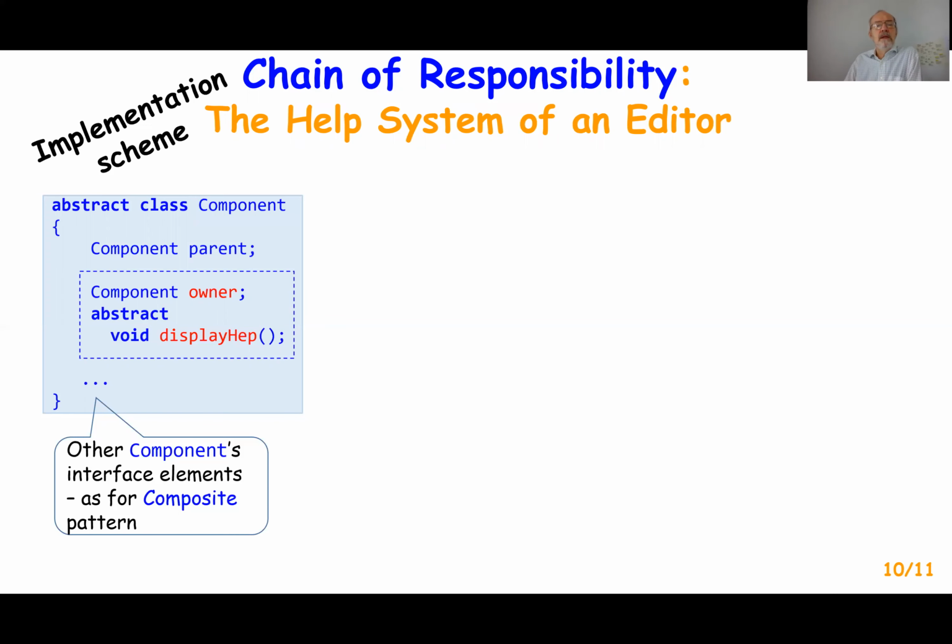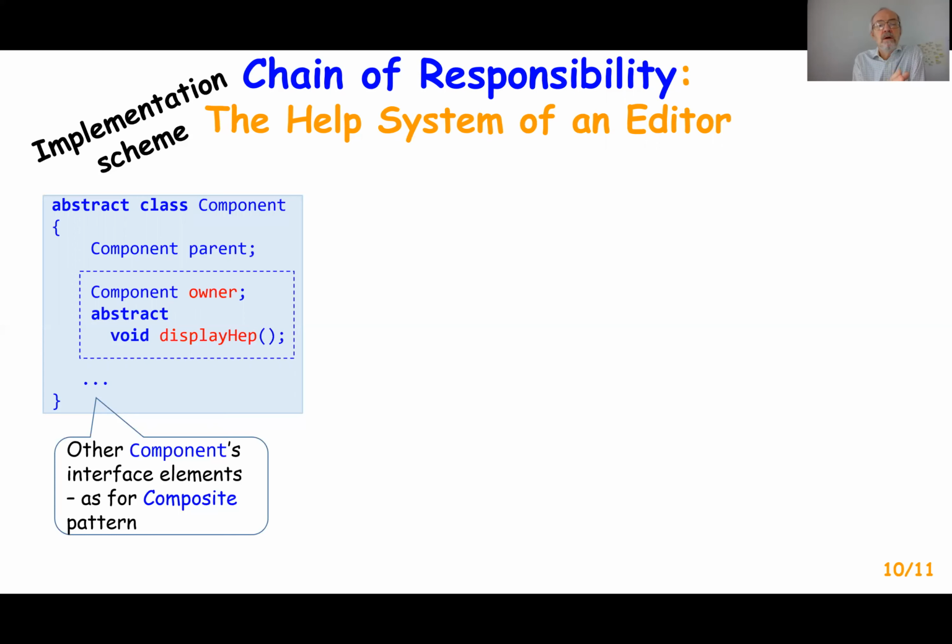Okay, anyway, look at what is written here. We have some common interface in this component class. This interface is the same as for the composite pattern. I don't care about them. I'm just interested in the things I have added to that root class to implement chain of responsibility.